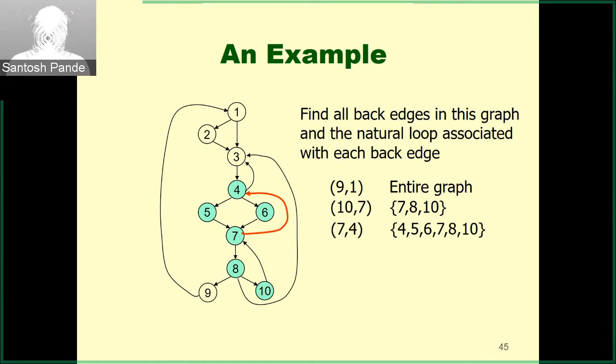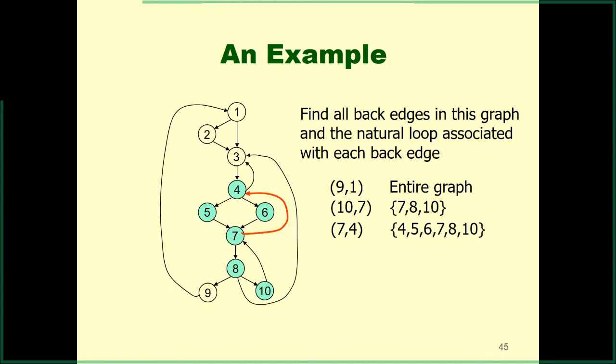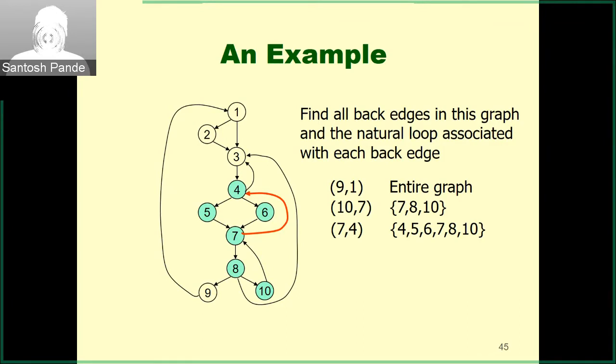And so therefore, the loop is 4 and 7, the parts of the back edge, 5 and 6, which got added going through the predecessors of 7, 10, which is again a predecessor of 7, and 10's predecessor, 8, also got added. And no more things are getting added. So this is the loop for 7, 4.